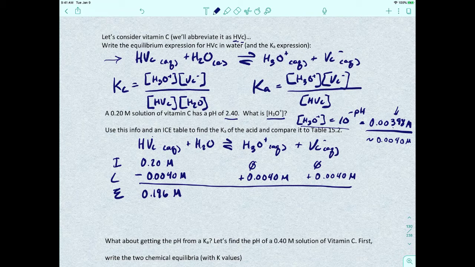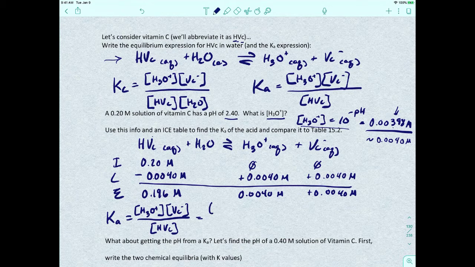The ascorbic acid does not go down all that much. The concentration of H3O plus is 0.0040 molar, and the concentration of ascorbate ion is 0.0040 molar. Now that we have our concentrations, we also know the Ka expression: the concentration of H3O plus times the ascorbate ion divided by the concentration of ascorbic acid.